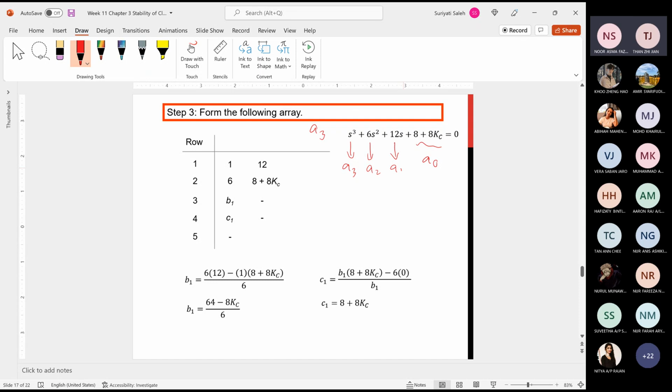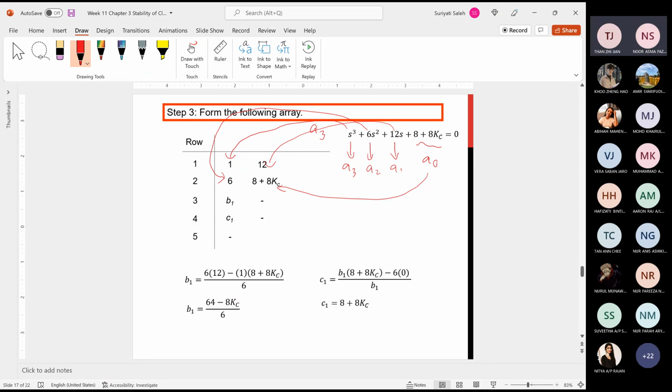So we relocate where the S power of 3 is at the row. We just take the value of your coefficient. The S, we leave it behind. We don't use the S in the table anymore. So you have 1 over there, 6 here, and then you have 12, and lastly, A0, 8 plus 8Kc. So that is the arrangement of your row 1 and row 2.